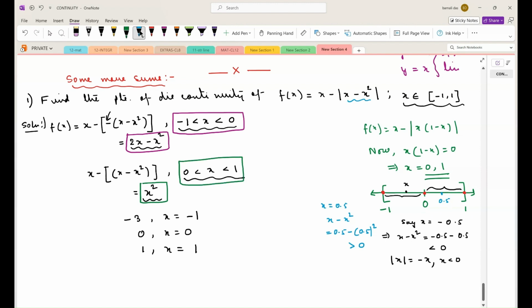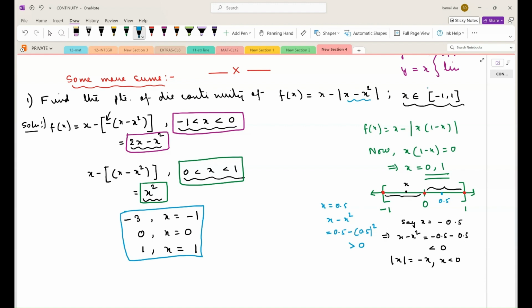And third branch, rather third, fourth and fifth together, it is this. So I have removed the mod and redefined the function f(x). Now, here they have asked to find the points of discontinuity in minus 1 to 1. So we need not bother ourselves with the whole of R. We will concern ourselves with only within minus 1 and 1.